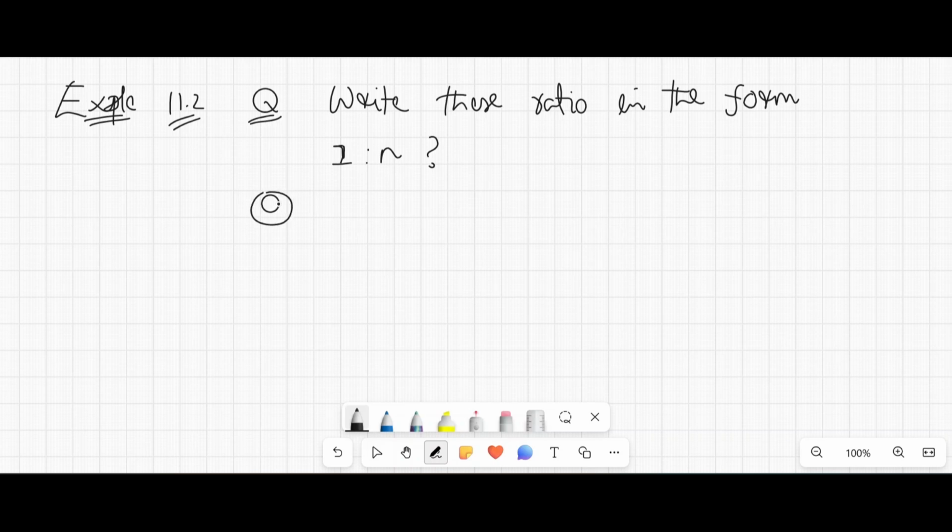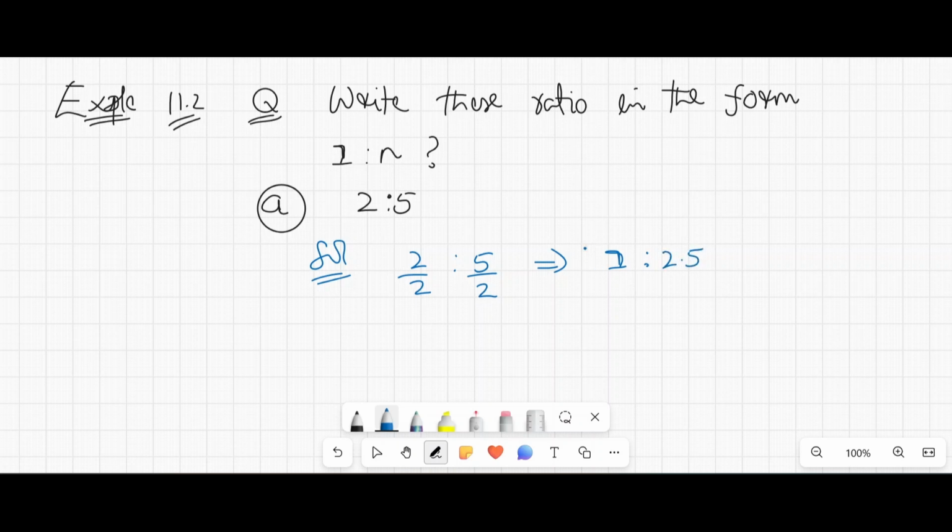Part A is given as 2:5. Now you have to convert this to 1:n type. The number which appears on the left is 2, so you have to divide by 2. So let's divide: 2 divided by 2 and 5 divided by 2. 2 divided by 2 you will get 1, and 5 divided by 2 we will get 2.5.